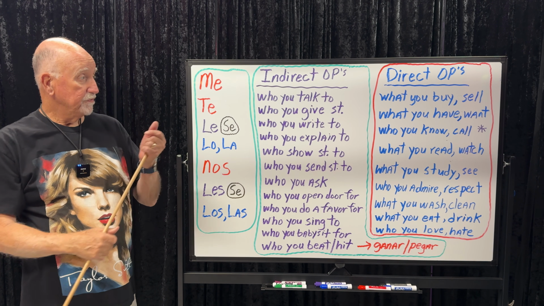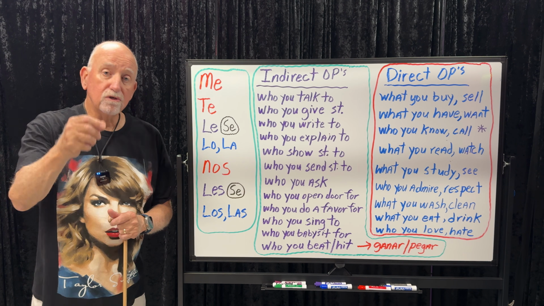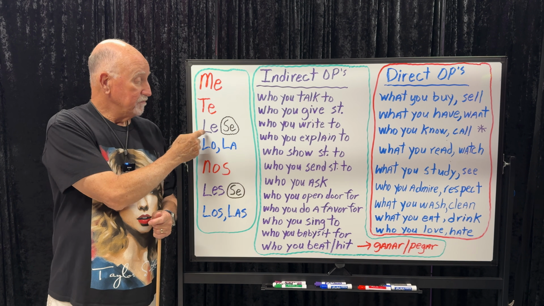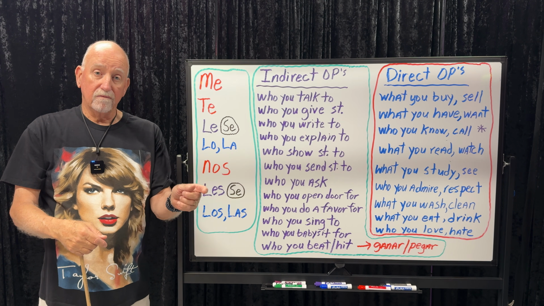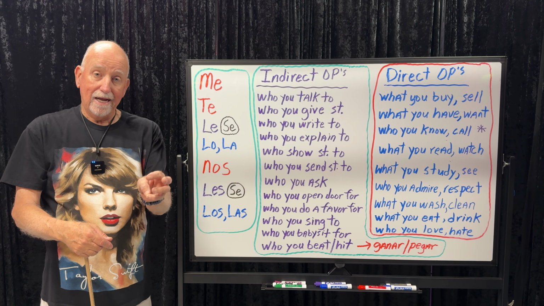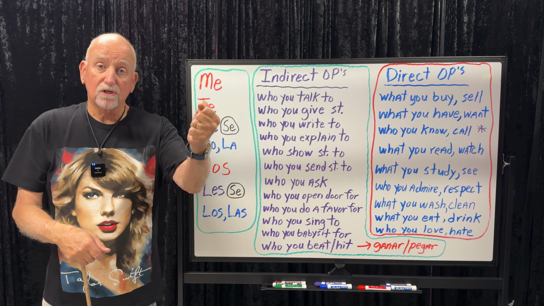We'll get to that. So who you talk to, that's going to be a le or a les, because you talk to someone. You don't talk someone, you talk to someone. Remember, what does le translate to in English? To her or to him, for her or for him, on him or on her, at him or at her. Like I shout at her. Le grito.